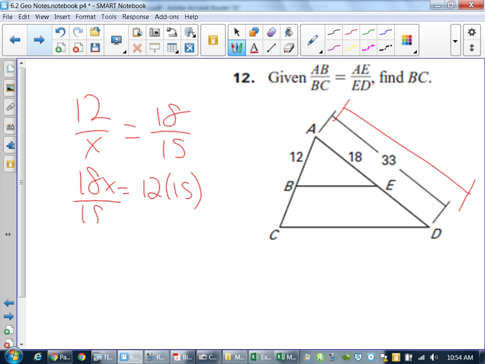Means you'll divide by 18. Well, let's see, that would be a 6 and a 9. This would be a 2 and a 3, and that would be a 5. So yes, it is 10. 180 divided by 18 is 10.